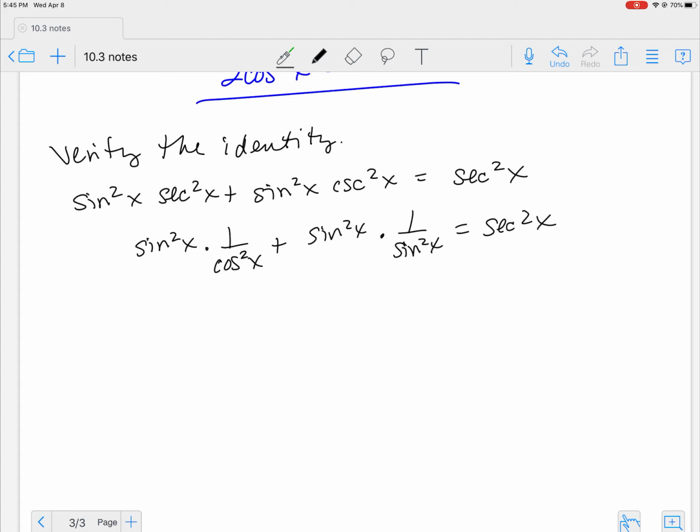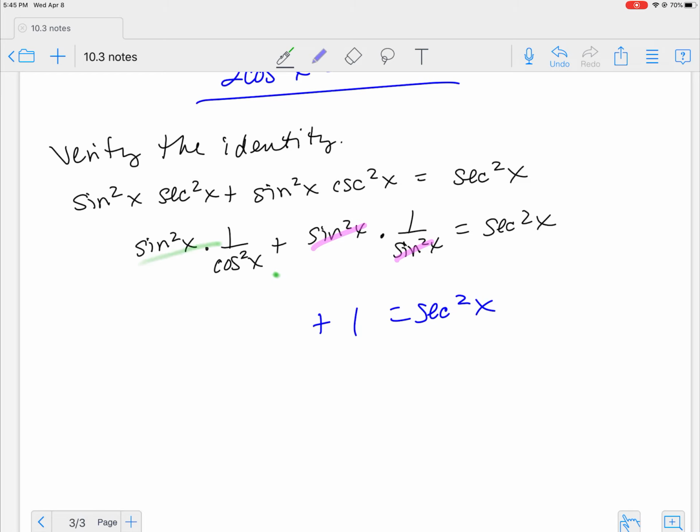Oh, I just saw it. So if I make this conversion, I now have sine squared x times 1 over cosine squared plus sine squared times 1 over sine squared. Do you see it? Are you looking those 2 steps ahead? So this cancels out to give me a 1.